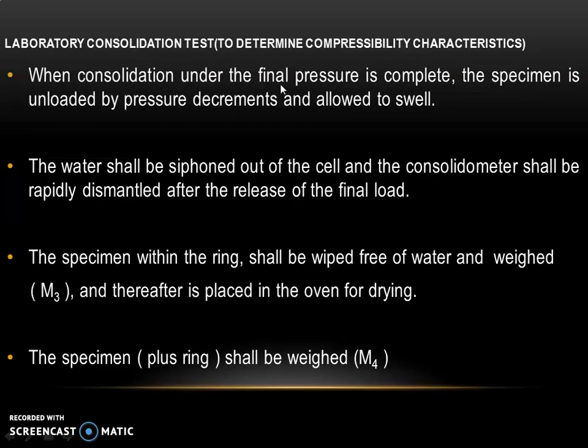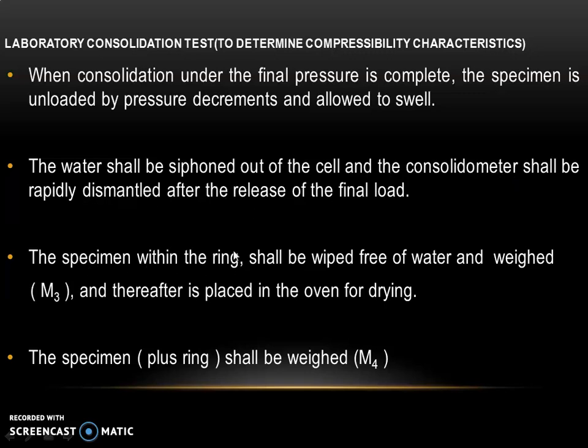When consolidation under the final pressure is complete, the specimen is unloaded by pressure decrements and allowed to swell. That means initially the soil sample will be loaded and then it will be unloaded. The water shall be siphoned out of the cell and the consolidometer shall be rapidly dismantled after the release of the final load.